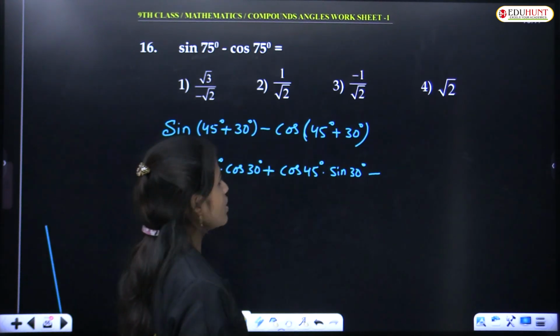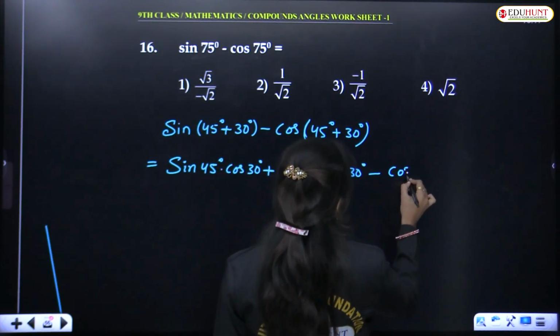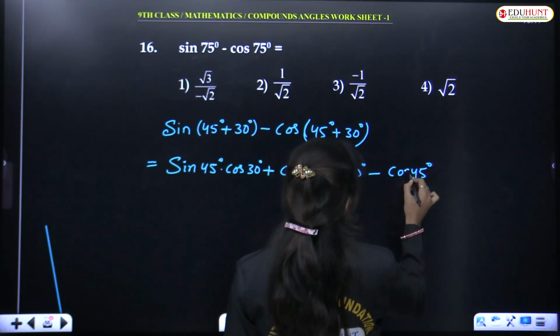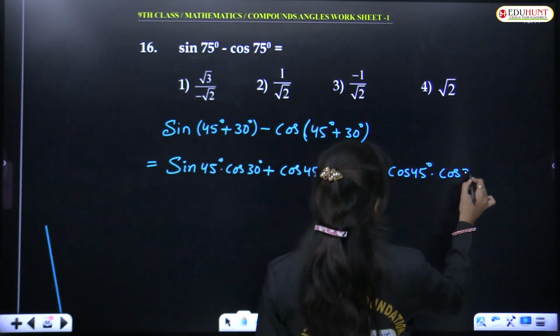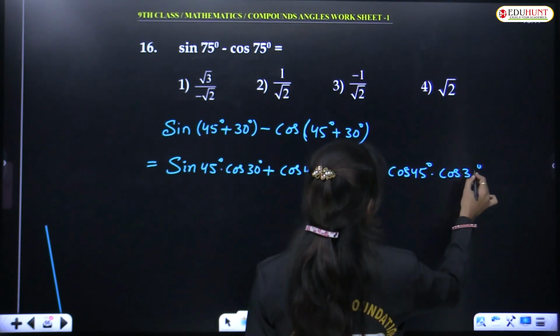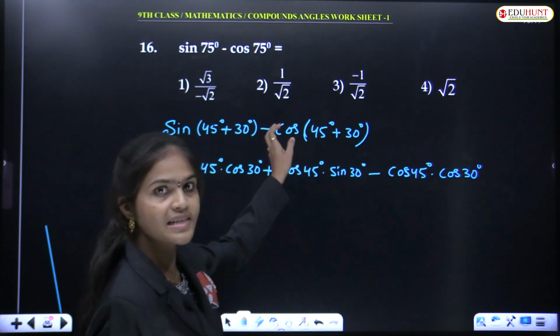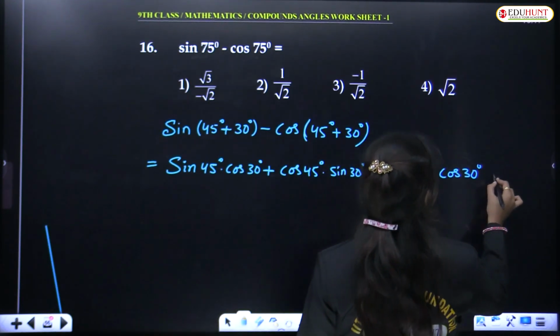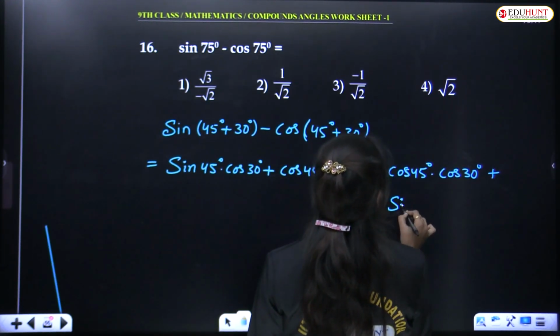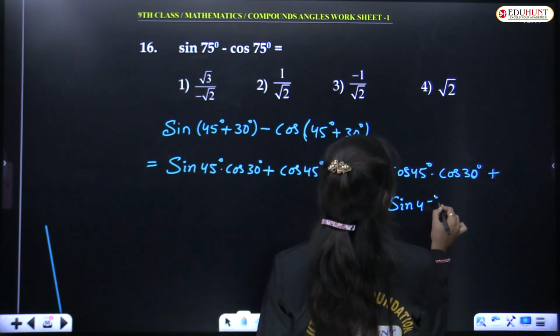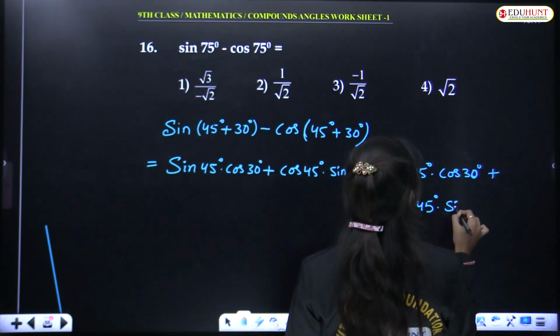Cos of A plus B is cos A cos B, actually minus sin A sin B. Minus means minus, but minus into minus is plus. So plus sin A sin B, sin 45 degrees sin 30 degrees.